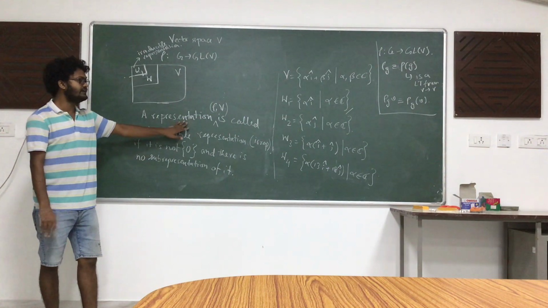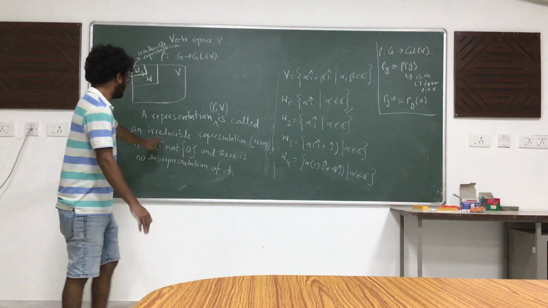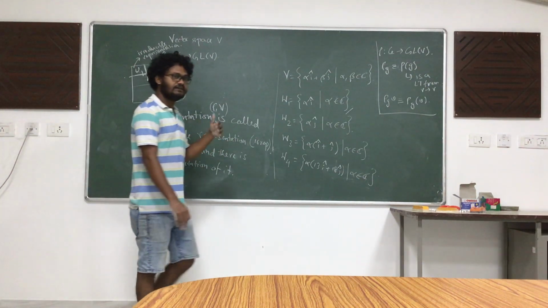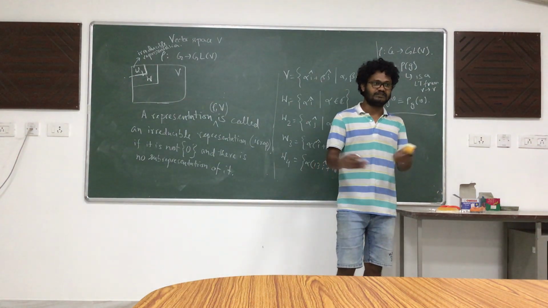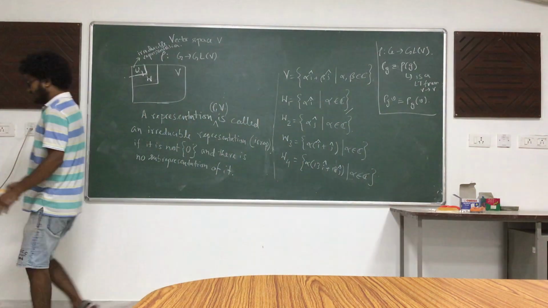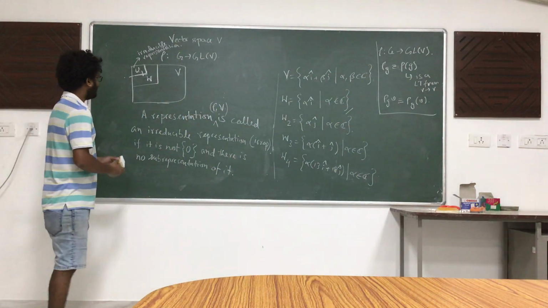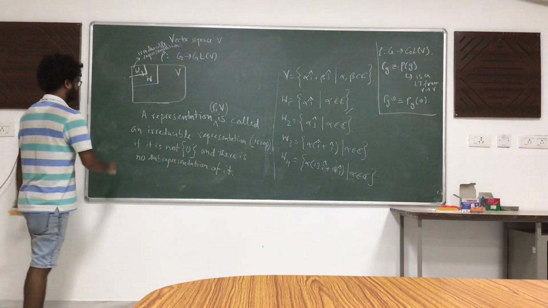Then it will be called an irreducible representation. We cannot reduce it, and the name is of course obvious. We cannot reduce the representation into further sub-representations. So that's fine.